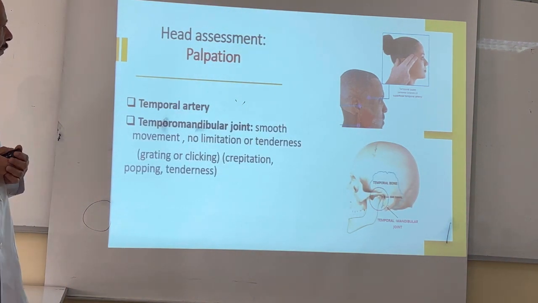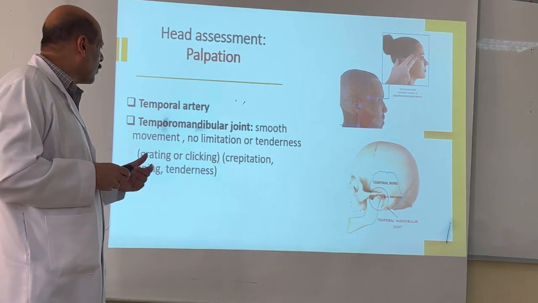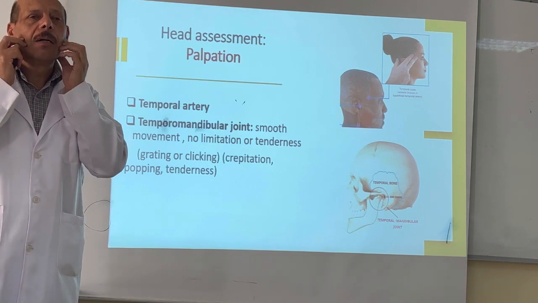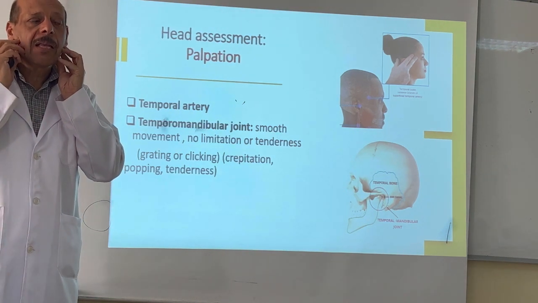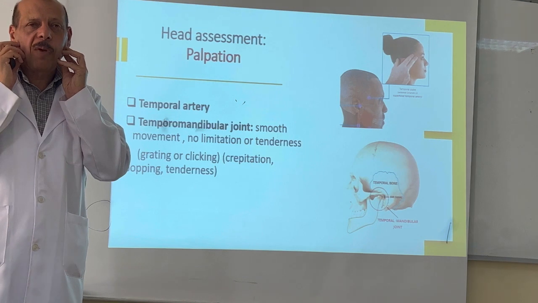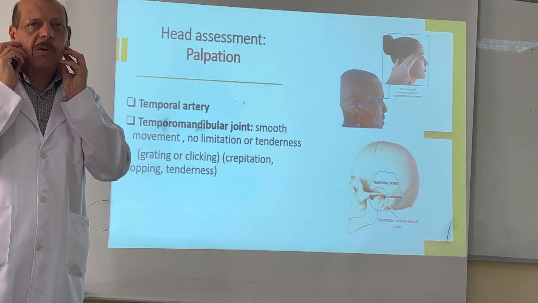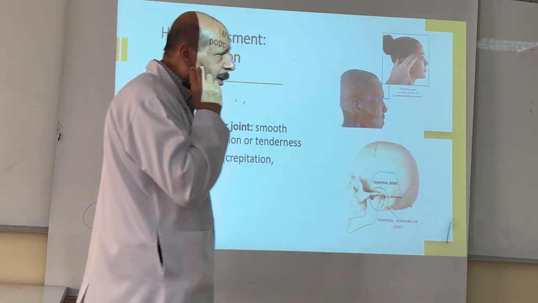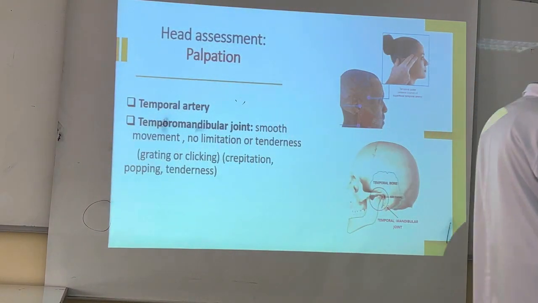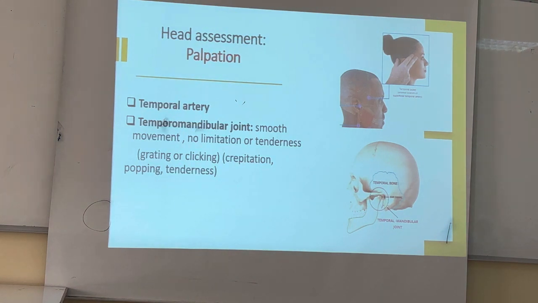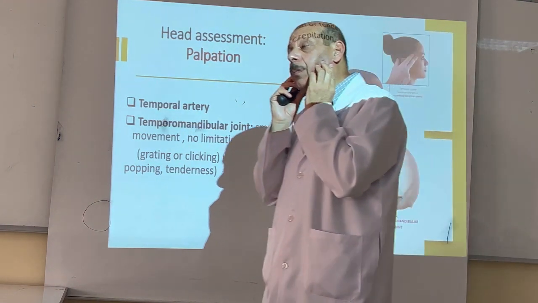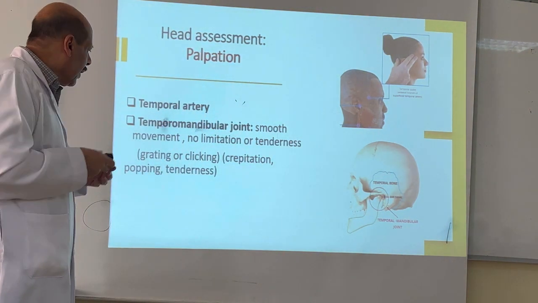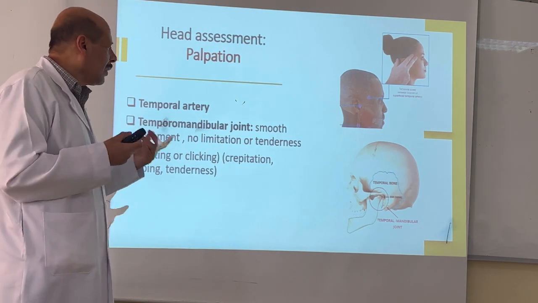Also the temporomandibular joint. This is the joint, so we can put our hand here and make the patient move his jaw, open his mouth and close it. We will see the movement. If it is a smooth movement, no sound, no pain during movement, then it is normal.